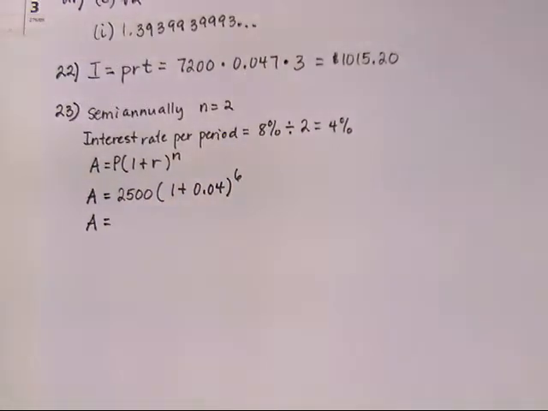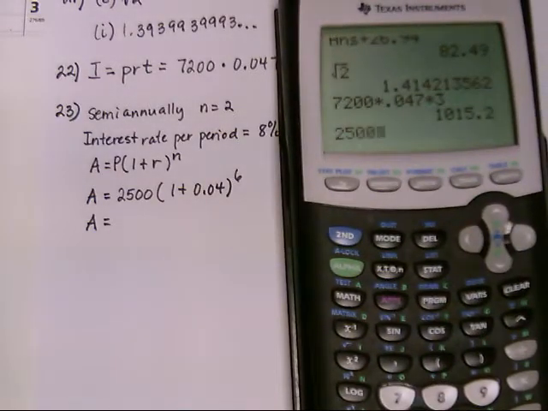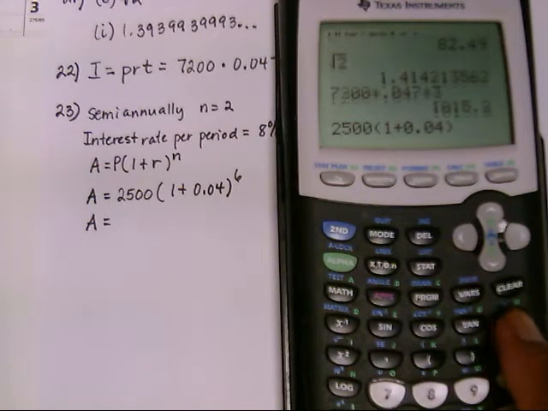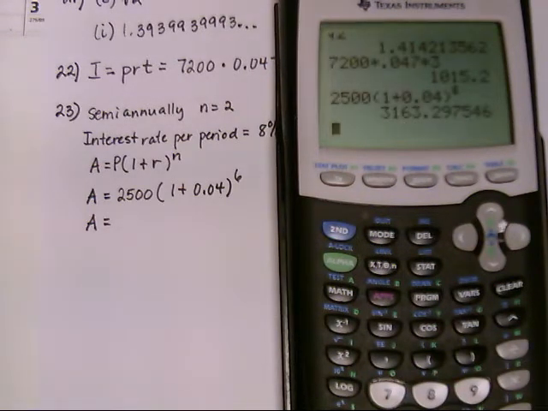And in this case here, we use our calculator to figure this out. Here we're going to do 2,500, and then left parentheses 1 plus 0.04, close parentheses, and then we're going to press the hat key for your exponent, and then 6, and then hit enter. Now we're going to round that off to 2 decimal places, so that amount will be $3,163.30.